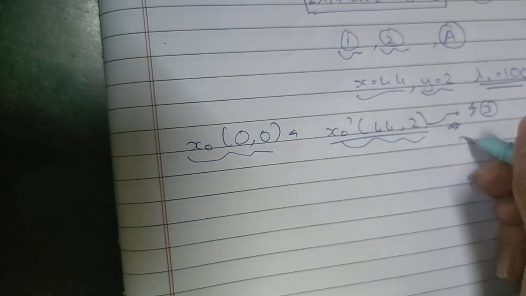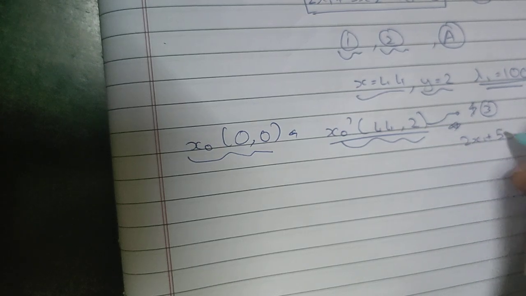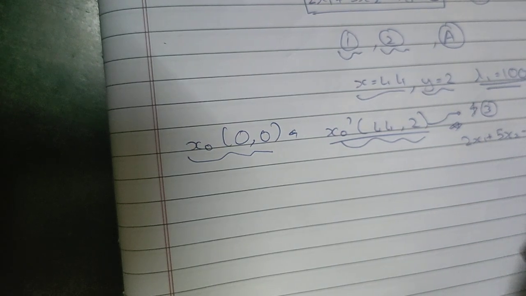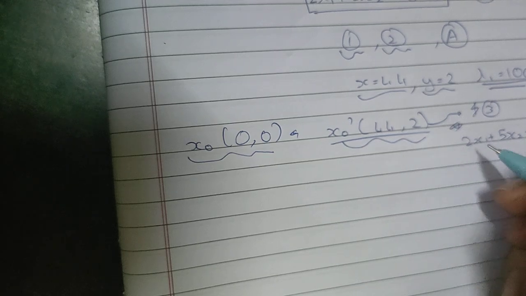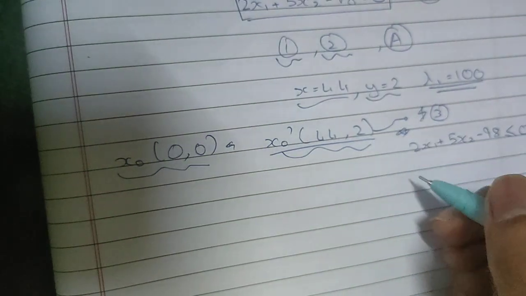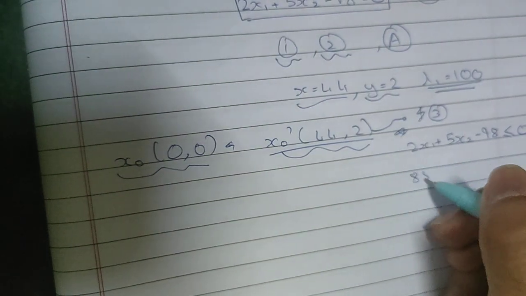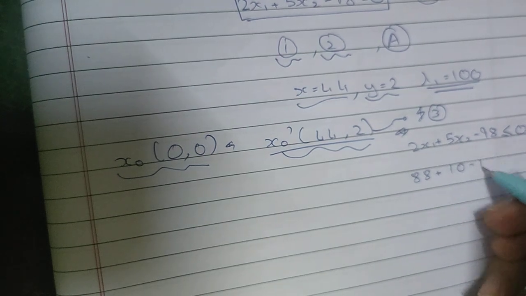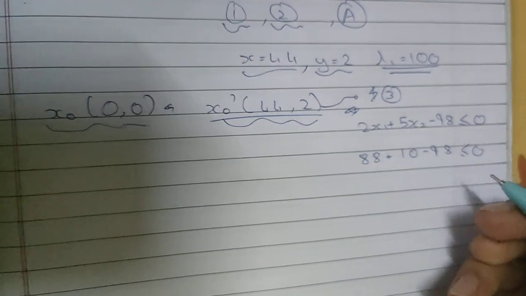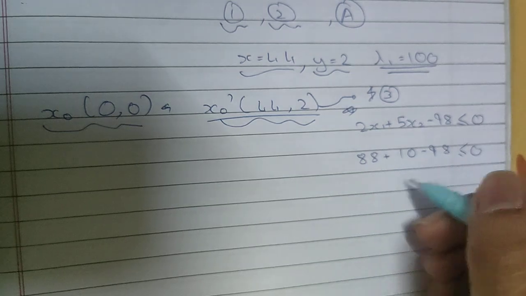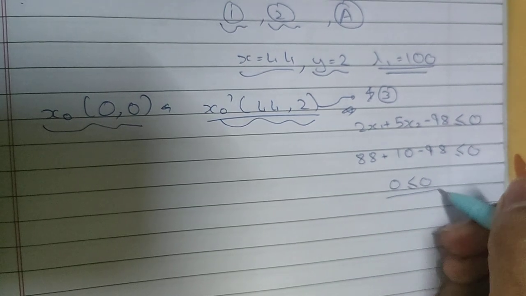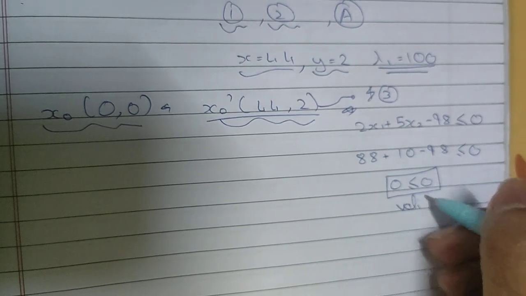Equation number 3 was 2x1 plus 5x2 minus 98 less than equal to 0. So we get 88 plus 10 minus 98 less than equal to 0. Is this true? We get 98 minus 98 less than equal to 0. So even this point is valid.